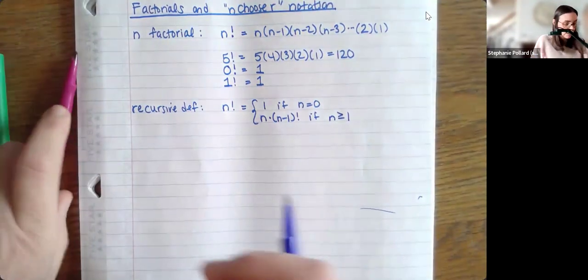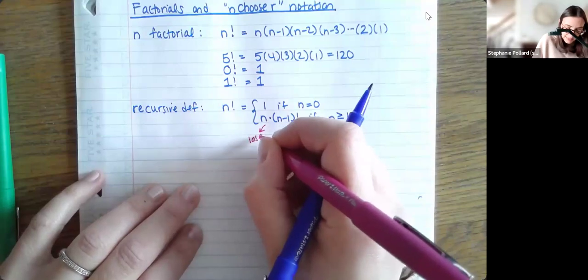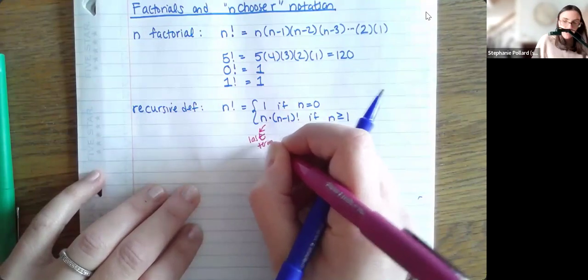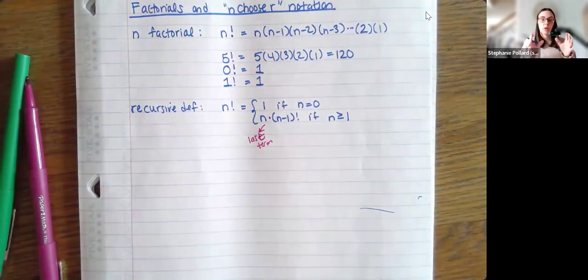So what you're doing is taking that last term off. This is really helpful in a lot of formulas with factorials. By taking that highest factor off, it makes a lot of proofs and things easier.